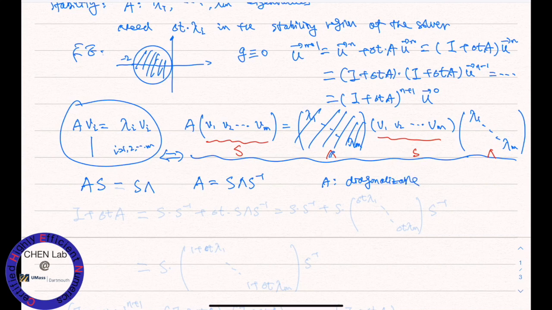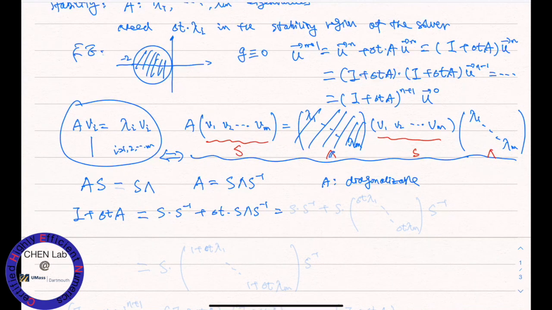Alright? In this setting, what we have is this U, we have I plus delta T A. What is I plus delta T A? I can be written as S times S inverse, plus delta T is a scalar times our A, which is S lambda S inverse, right?